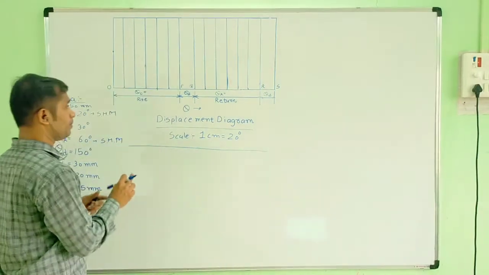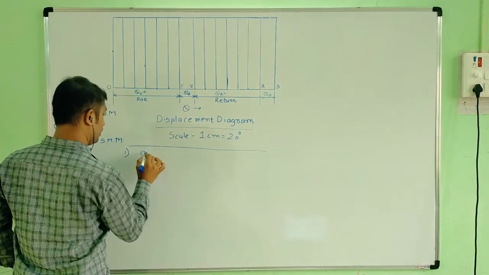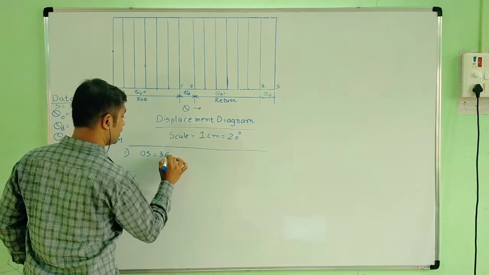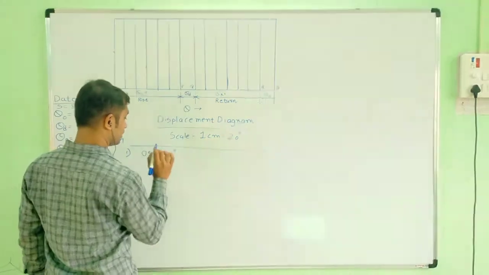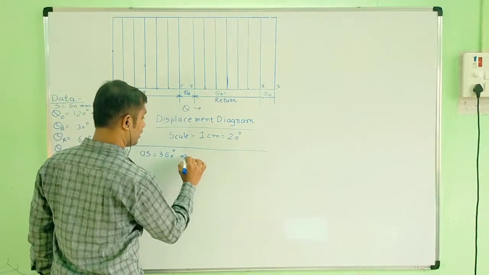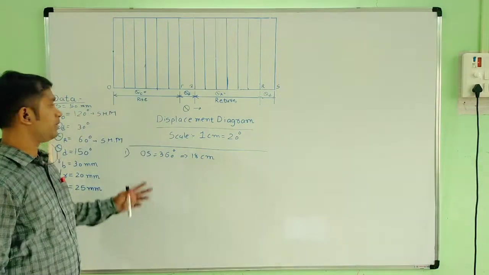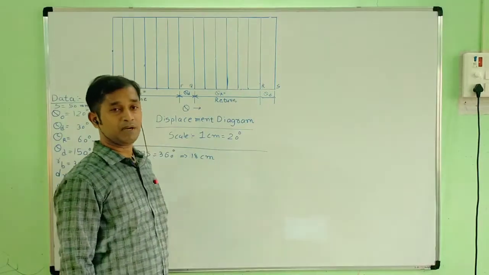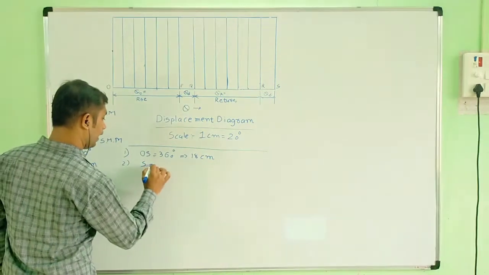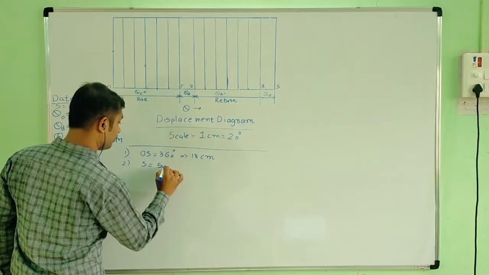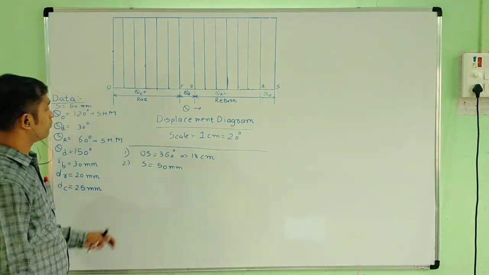Now first step, draw OS. It means 360 degrees. So according to that, when we count, it will be 18 centimeters. So you have to draw an 18 centimeter line, OS. Then next draw OP equal to 50 mm vertically from point O. You have to draw 50 mm.